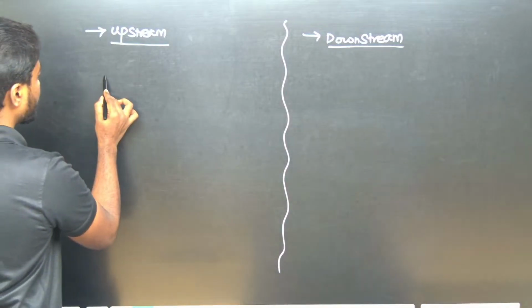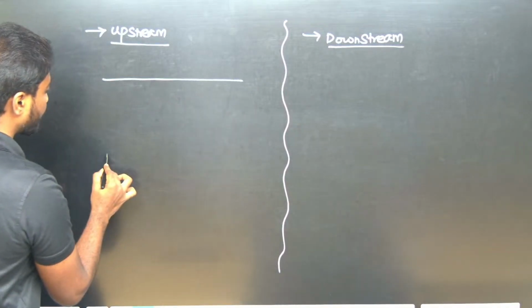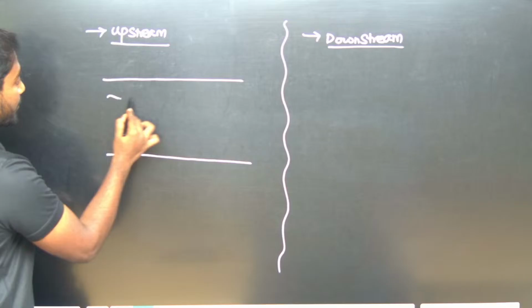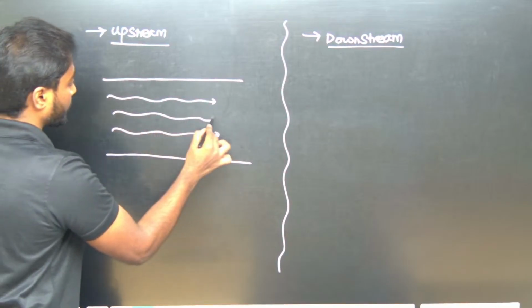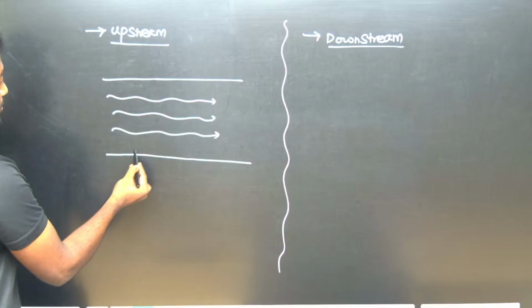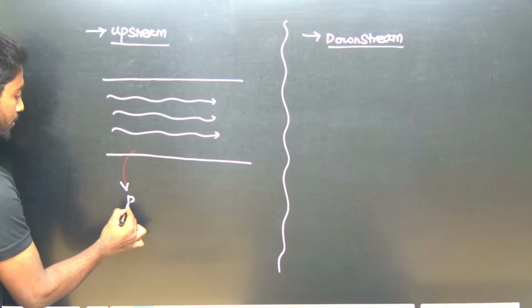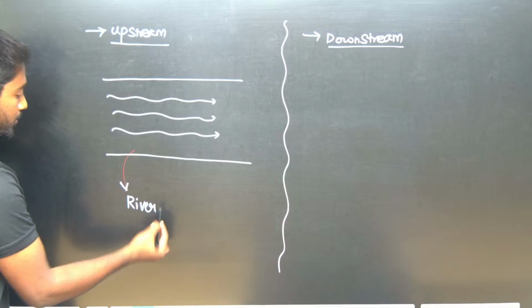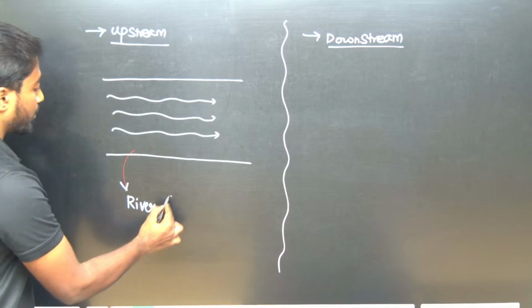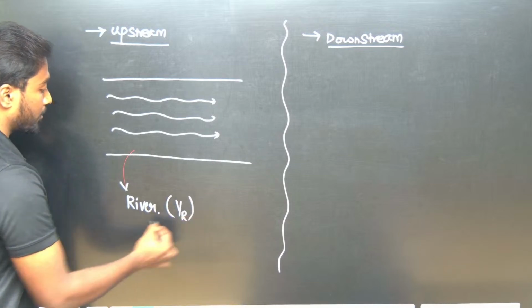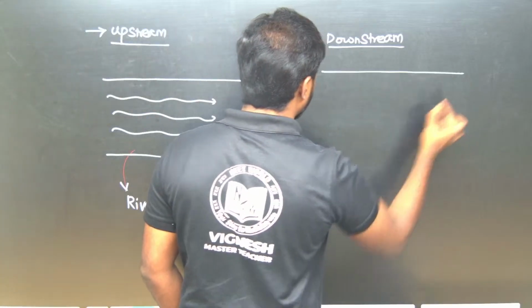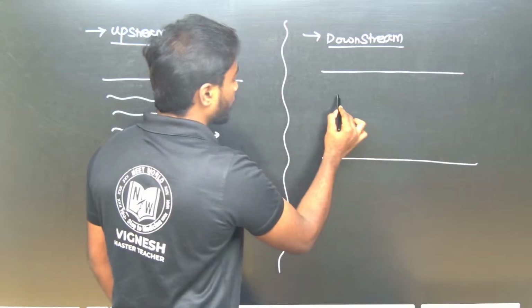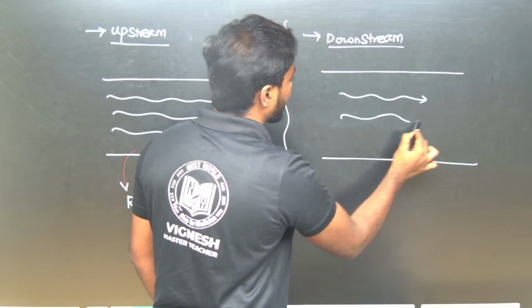Suppose let me take a river flowing here. A river is flowing in this direction, going with some velocity Vr. The same thing I will take here also, a river with velocity Vr.